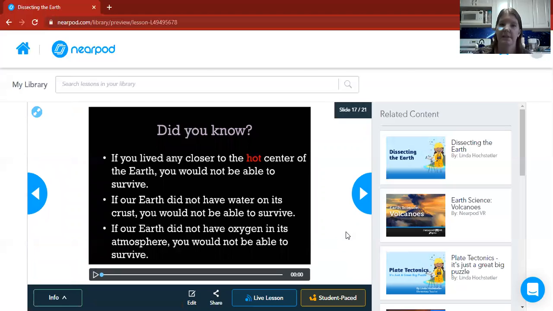Did you know if you lived any closer to the hot center of the Earth, you would not be able to survive? If our Earth did not have water on its crust, you would not be able to survive. If our Earth did not have oxygen in its atmosphere, you would not be able to survive. So, Earth is really important to us. It's something that you need to be knowledgeable about because it's where you live.